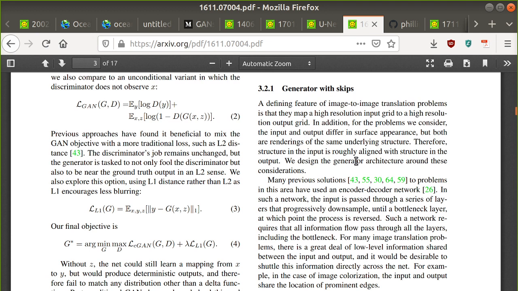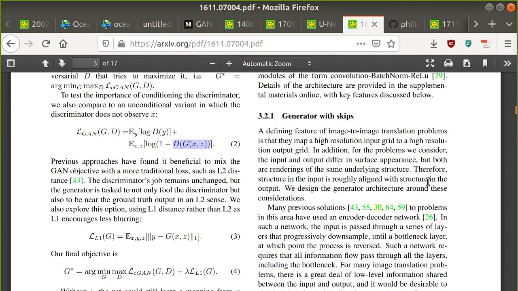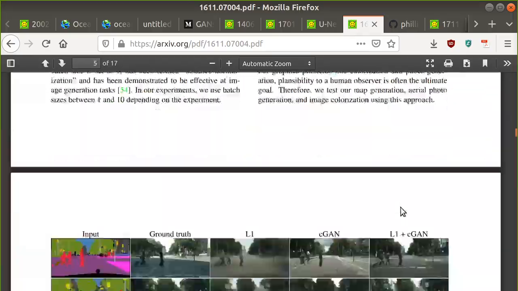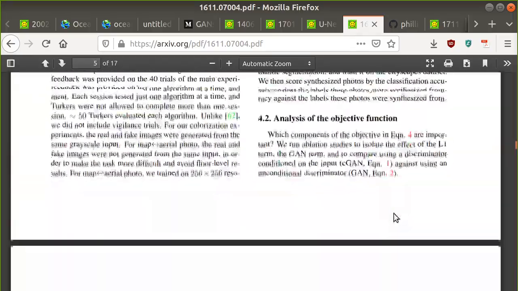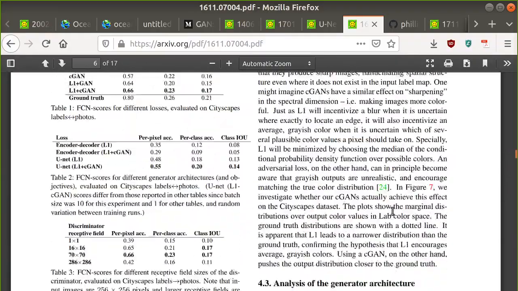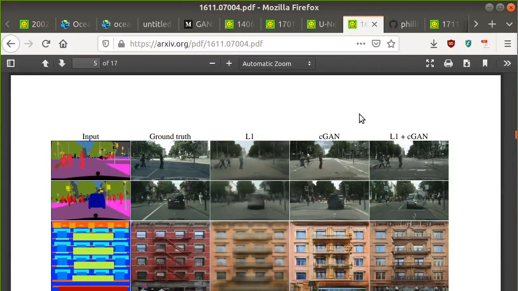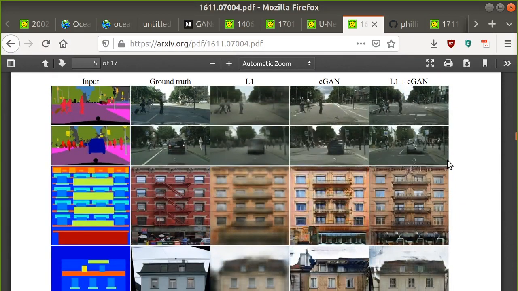So why not only use the GAN terms? Well, the GAN terms are pretty good at producing these sharp features, but as Isola et al. point out, they're not so good at global, low spatial frequency features, so large parts of the image. I believe they have some results where they only use the GAN without the L1 term.